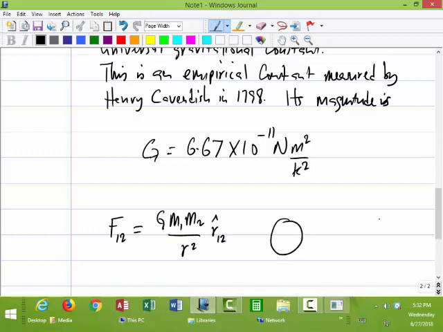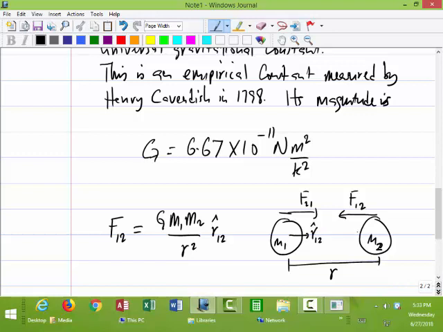If you drew this again, the distance between them again is r. This is mass 1, this is mass 2. So here are the forces involved. This is the force of 1 on 2, and this is the force of 2 on 1. And the unit normal vectors point this way. So this will be r hat 1,2, and this is the unit normal vector r hat 2,1, like that.